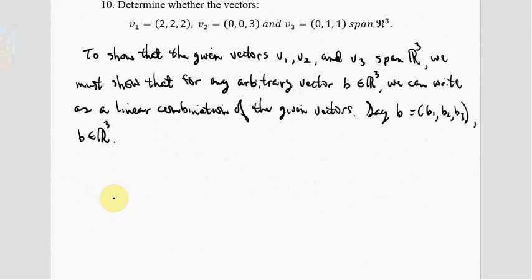So to say that a set of vectors span a space, you pick any arbitrary vector in that space, and can you write that vector as a linear combination of these vectors that you are saying supposedly span that space? In other words, a spanning set is a set of vectors such that linear combinations of them can produce any vector in that big space.